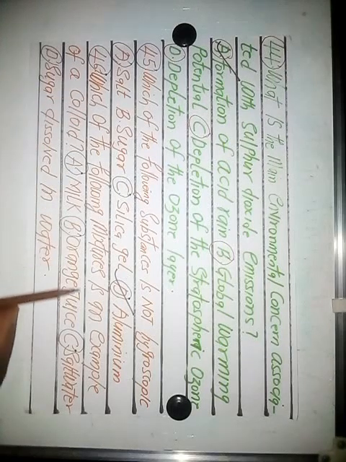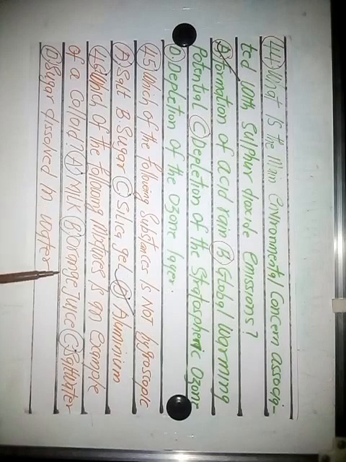Which of the following mixtures is an example of a colloid? You have milk, orange juice, salt water, sugar dissolved in water. Colloids are mixtures made up of tiny particles. They don't settle on their own, and they cannot be separated.